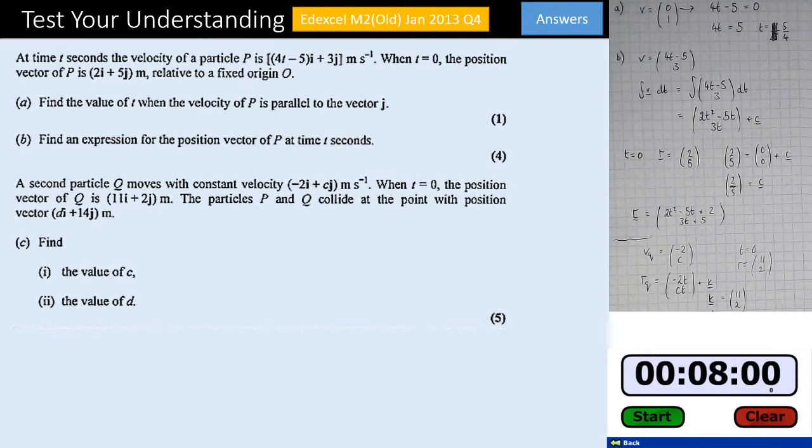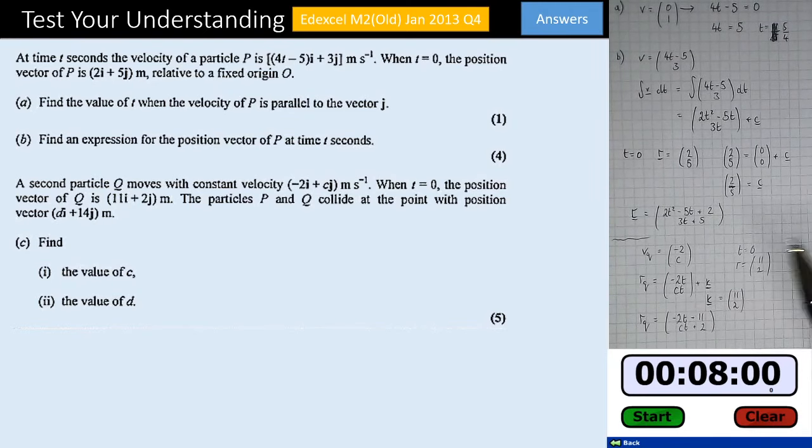And so when particles P and Q collide, then we have the position vector of P and the position vector of Q, which you can see now, which should be equal to one another. Okay, and that should give us some equations that we can then look to try and solve.